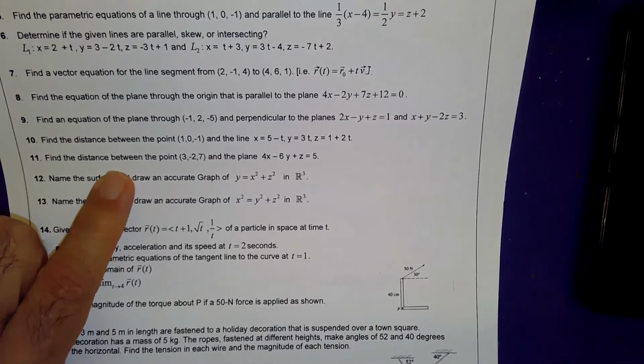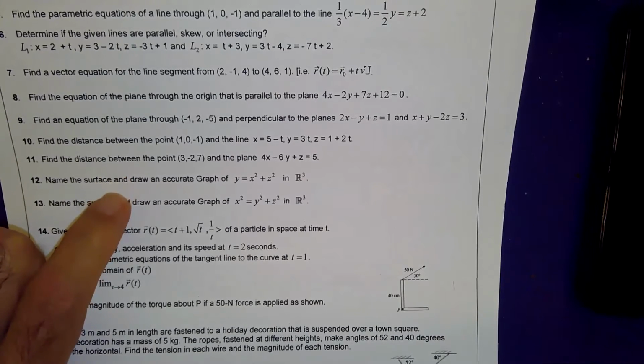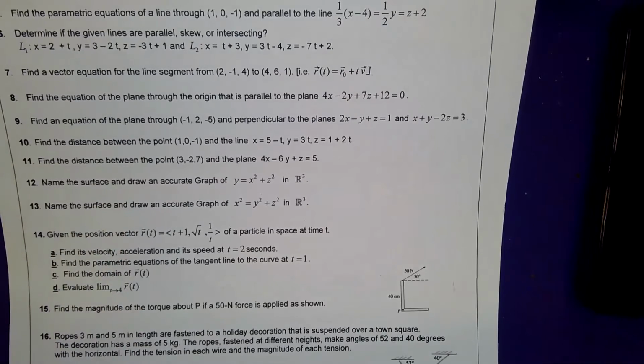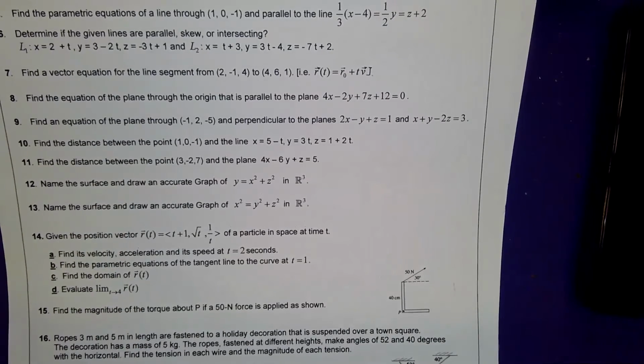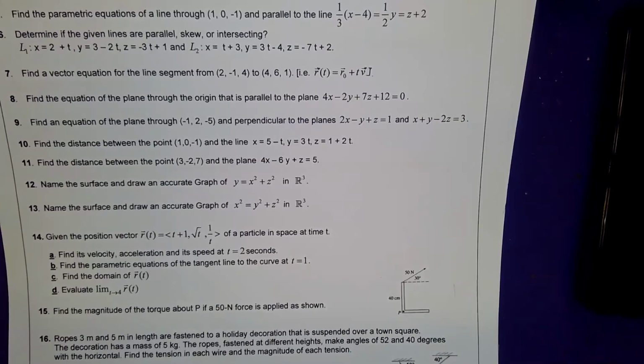My question is, when you're making the vector for the line segment, does it matter which direction you go, whether it's from the plane to the point or from the point to the plane? No, it doesn't. However, technically, in distance problems, if you take it the other direction, your answer might come up negative.